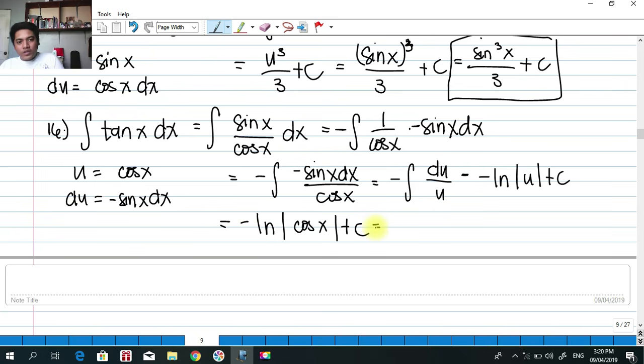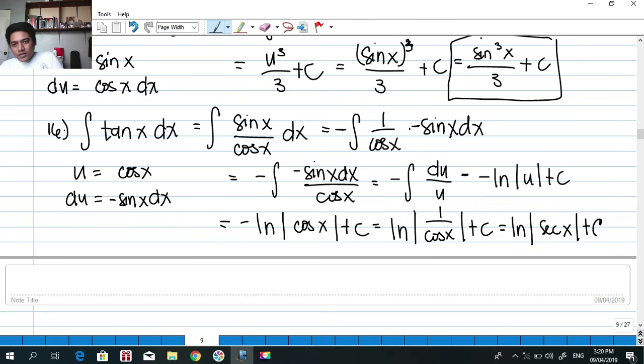And if we distribute the negative ln, we shall have ln of the absolute value of 1 over cosine of x plus c, and 1 over cosine of x is simply secant of x. So natural logarithm of the absolute value of secant x plus c. This shall be our answer, and hence we have proven it.